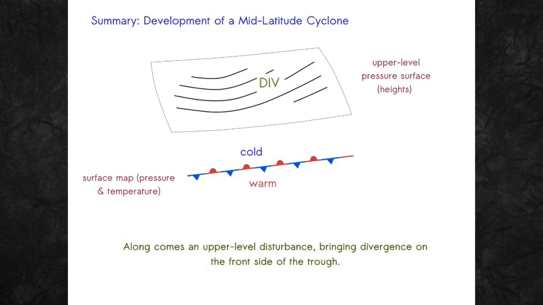This wave disturbance was generally produced somewhere else. There are lots of things that generate waves in the atmosphere: storms in other locations, mountains, land-sea contrast. So this is some wave that was produced somewhere else and then propagates in over this region of temperature contrast. That's usually what we need to kick this off.